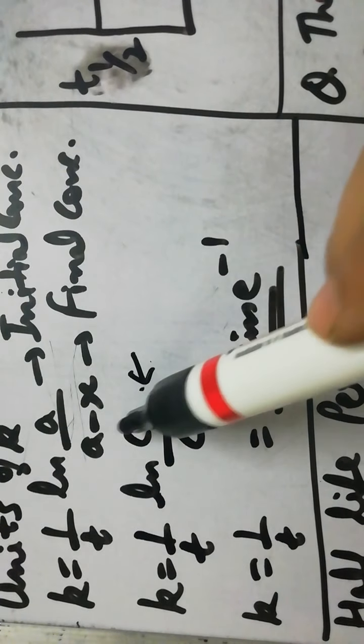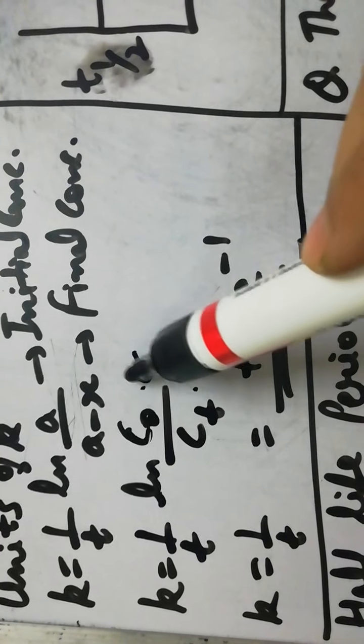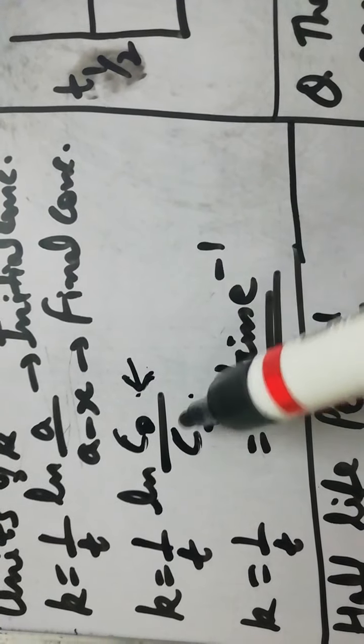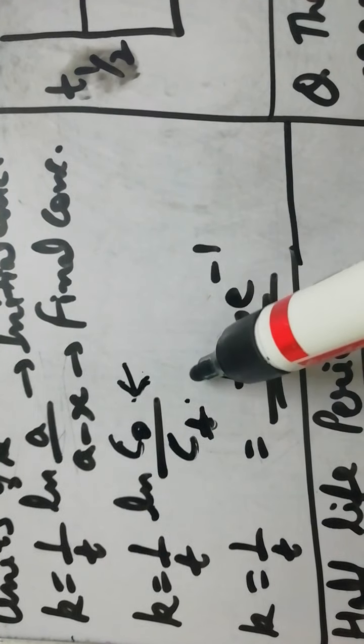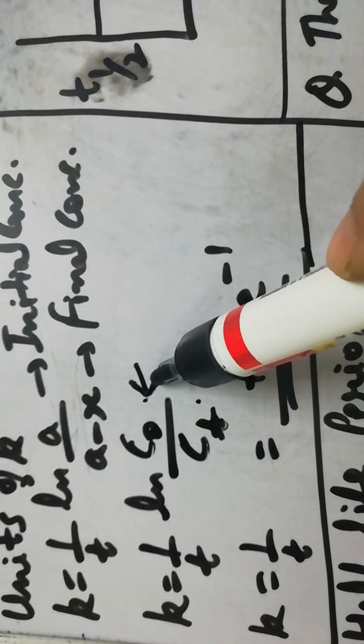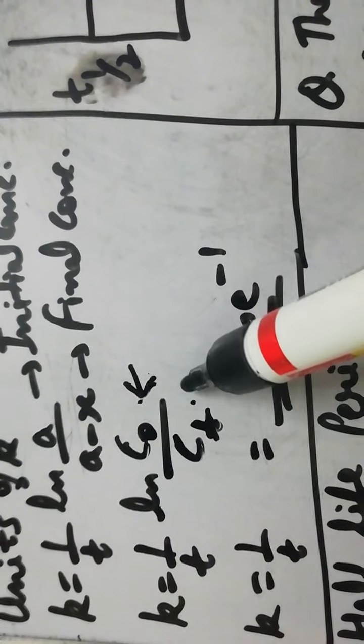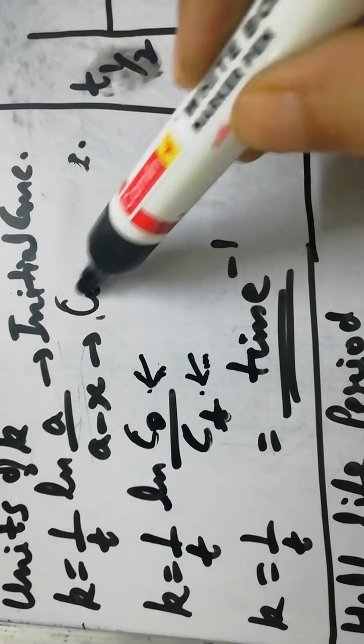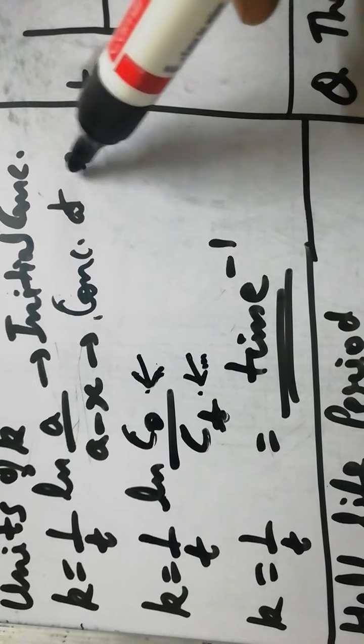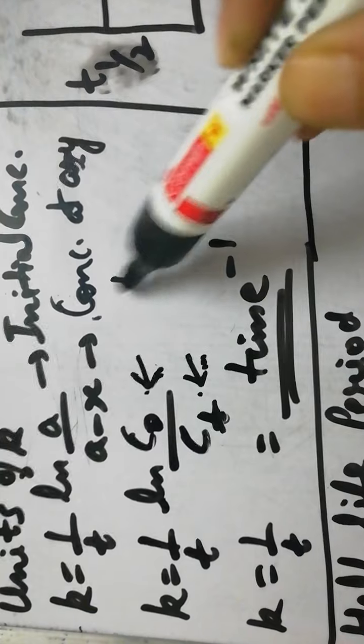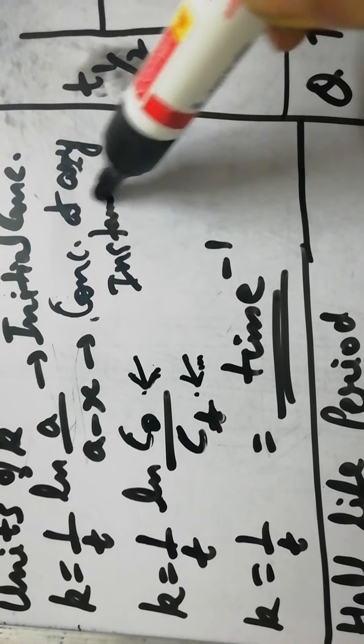C stands for concentration, naught means initial, and t stands for at any instant of time. So this is the initial concentration and this is the concentration at any instant of time.